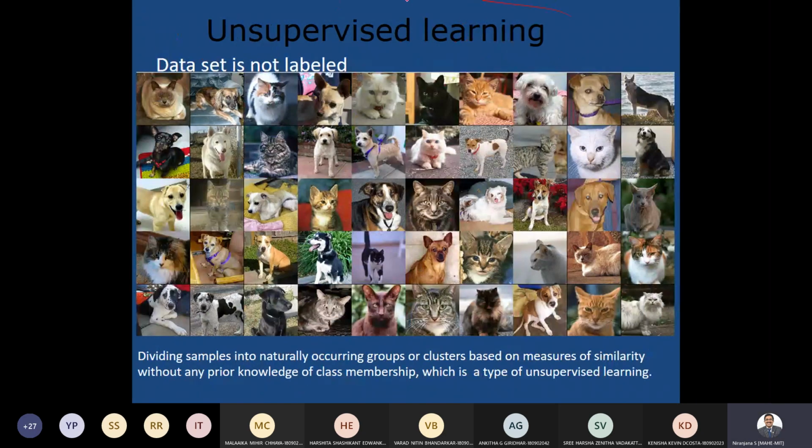Whereas in case of unsupervised, you may not have a labeled data set. The data set may be something like this. Maybe you will directly use this for training purposes. Maybe it will have a mixture of both objects. However, you want to divide this into 2 groups or 3 groups, that will be known to you. Then you will try some kind of approach for doing that.